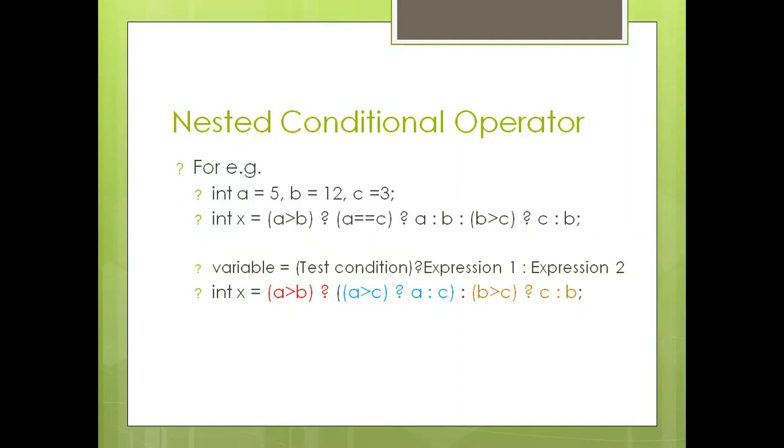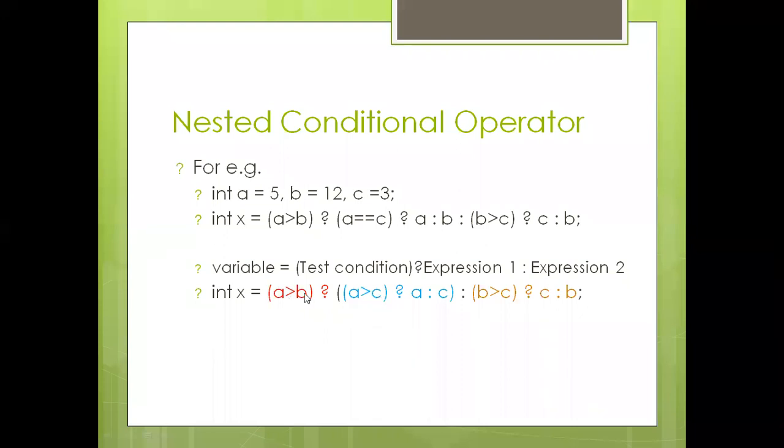Yes. Now it is one more example. Look here. If I want to check which number is the greatest among three numbers, and here I have given a is 5, b is 12, and c is 3. See how it will be evaluated. A greater than b. If the condition is true, then this is your true part, so it's going to execute a greater than c.